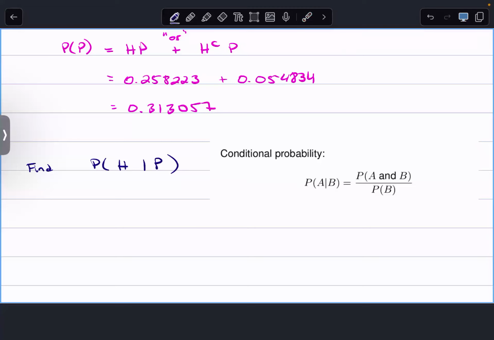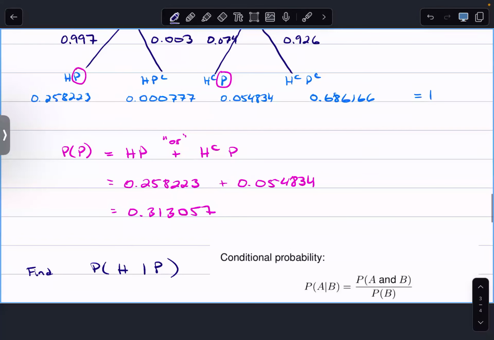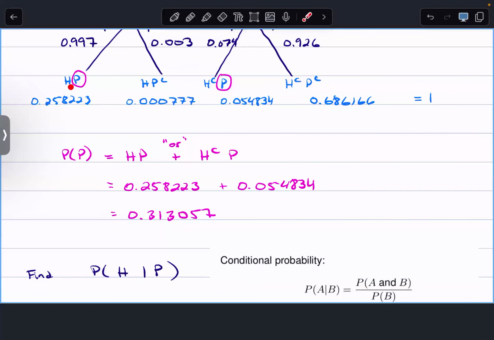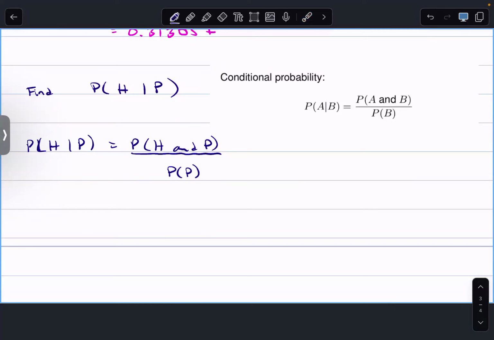And so we want to find the probability of H given P, which is the probability of H and P divided by the probability of P. We have both of those components, and the probability of H and P is this HP.